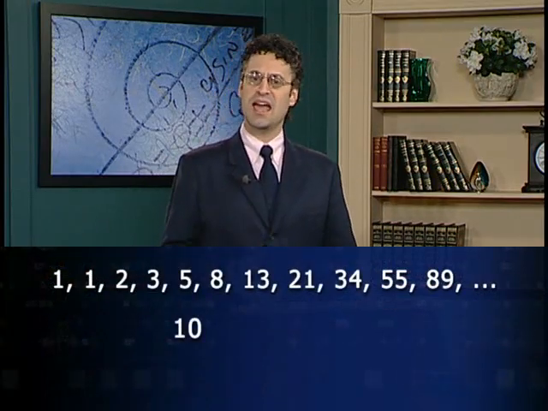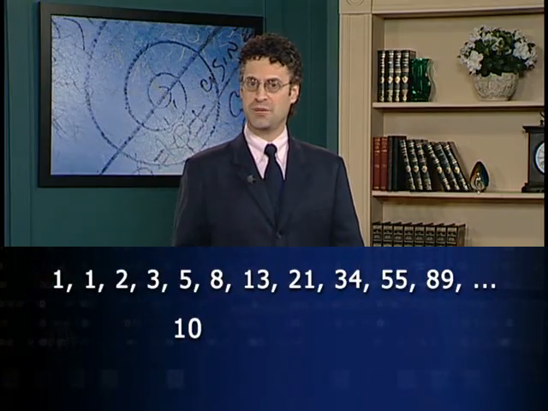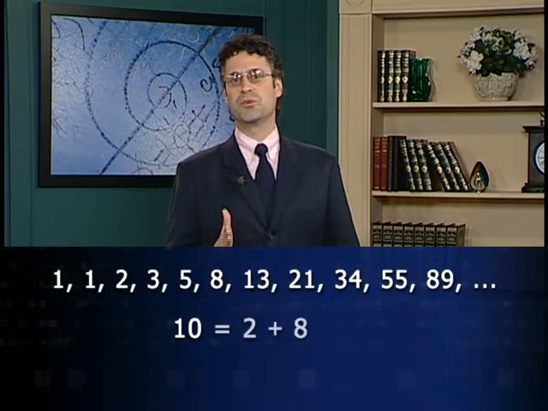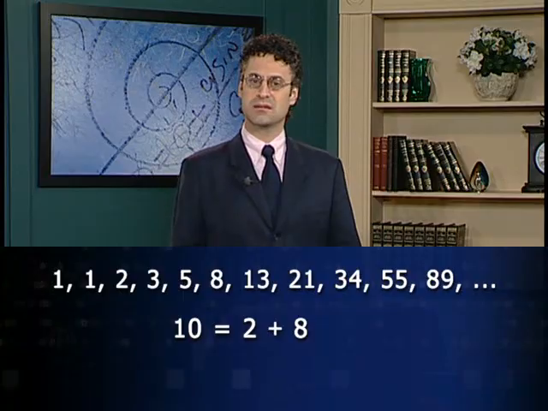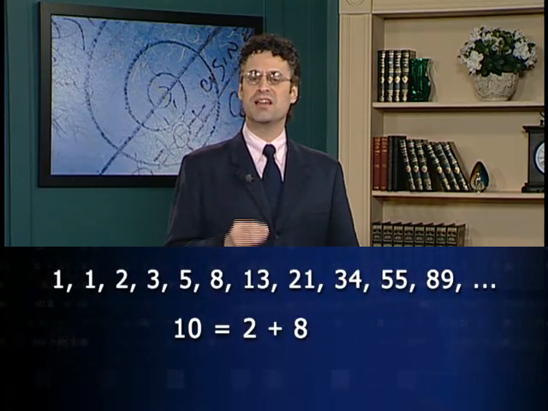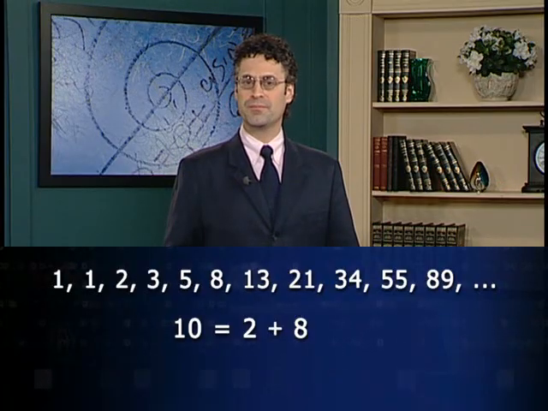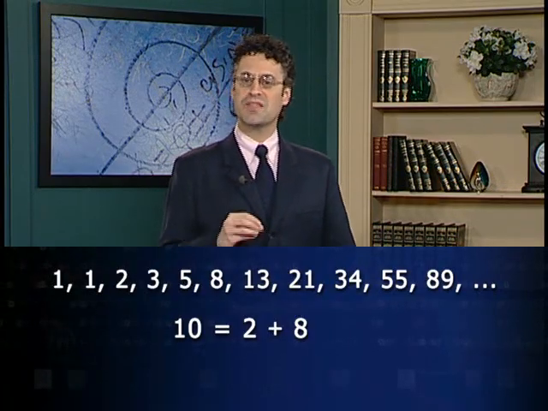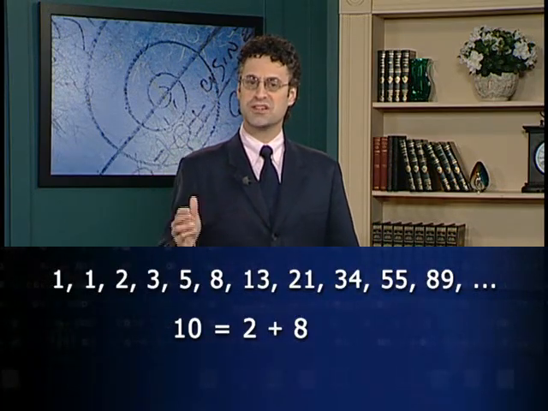Well, to illustrate the method in general, let's now try to approximate the number of miles in a 10-kilometer run. Well, first we express 10 as a sum of Fibonacci numbers. In this case, notice that 10 equals 2 plus 8. Next, we just follow the procedure we just saw. We replace each Fibonacci number in our sum with the Fibonacci number that precedes it in the Fibonacci sequence.